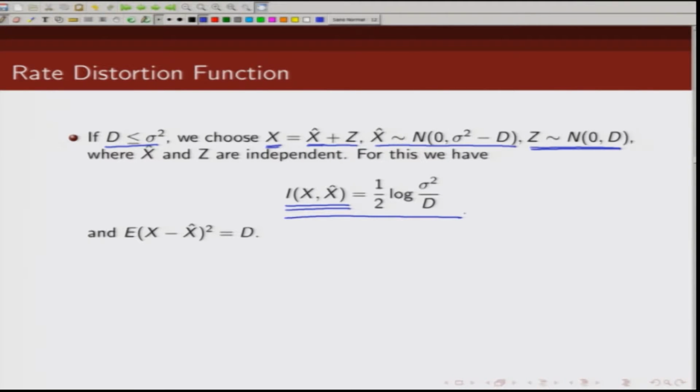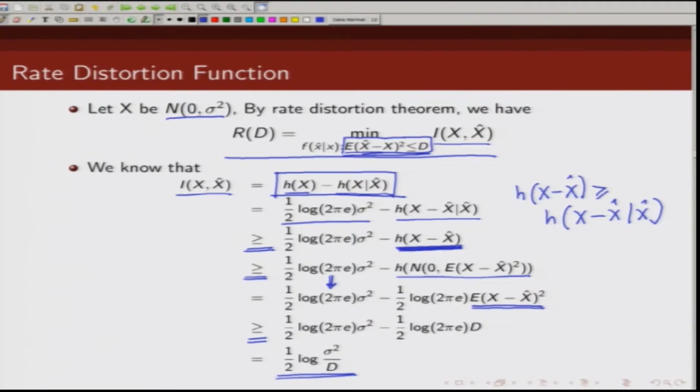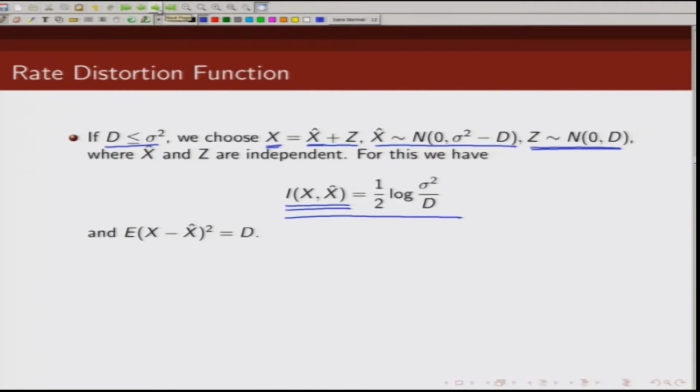It comes out to be half of log sigma square by d, and this is precisely the lower bound that we computed here. So, what we have shown is that this mutual information is actually achievable if we take our x hat and z in this particular way.